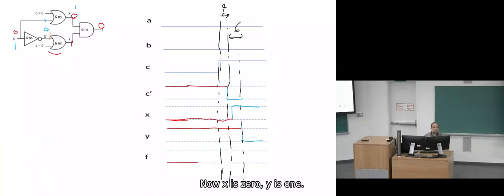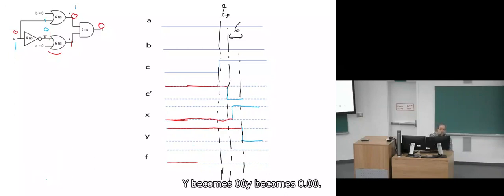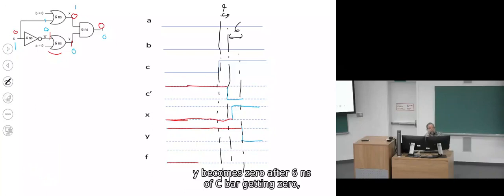Now, X is 0, Y is 1. Before Y gets 0, Y is 1 here. Then Y becomes 0, but with a delay. So Y becomes 0 after 6 nanoseconds of C bar getting 0.